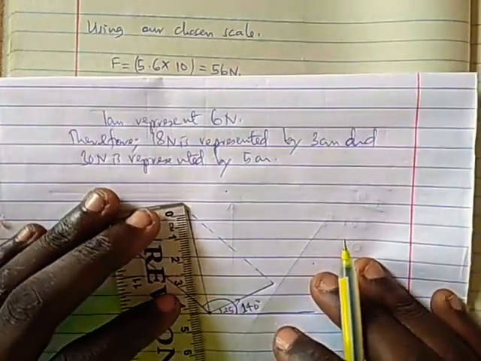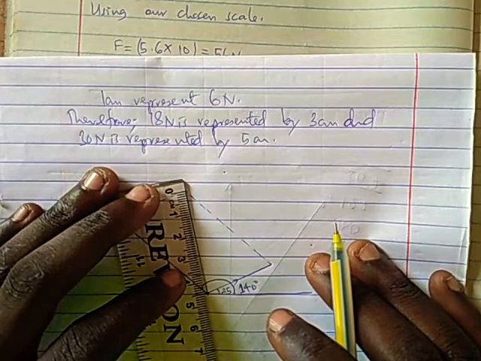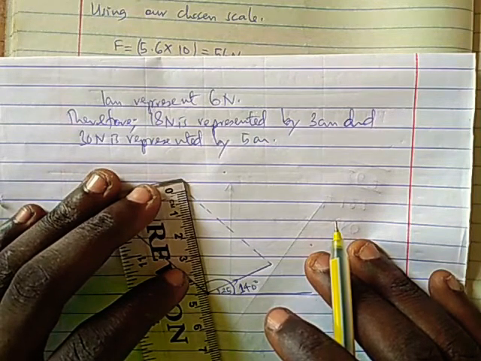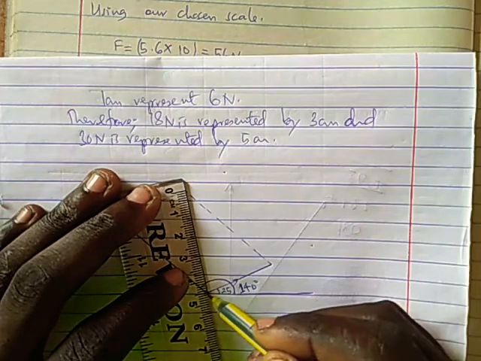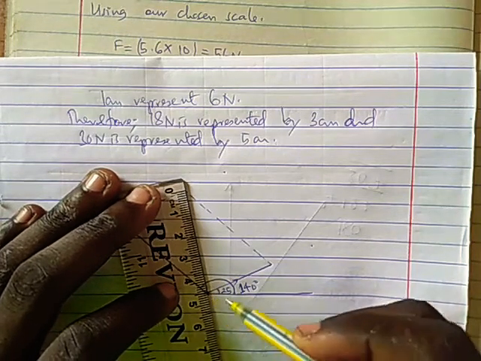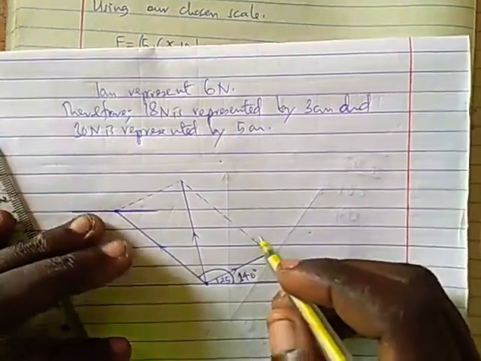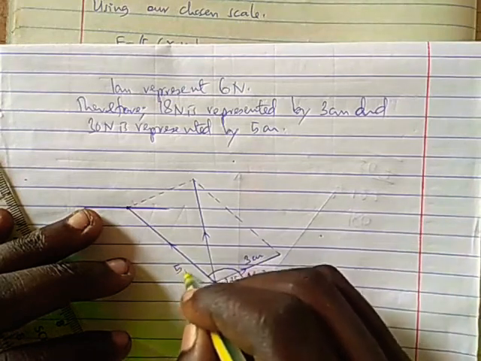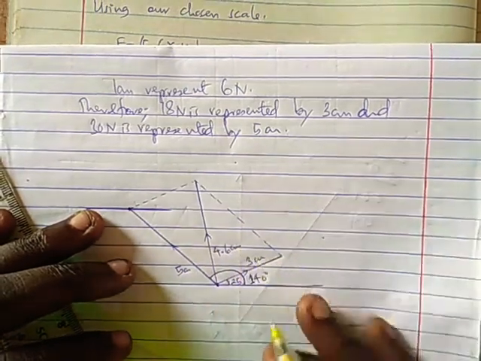Tukipima length of resultant vector from hapo 0, utaona resultant vector tunapata it is 4. Hii ni 0.5, hii hapa ni 0.6. So that is resultant vector length. Kwa hiyo huyo hapa ni 3 cm, huyo hapa ni 5 cm, huyo hapa ni 4.6 cm.